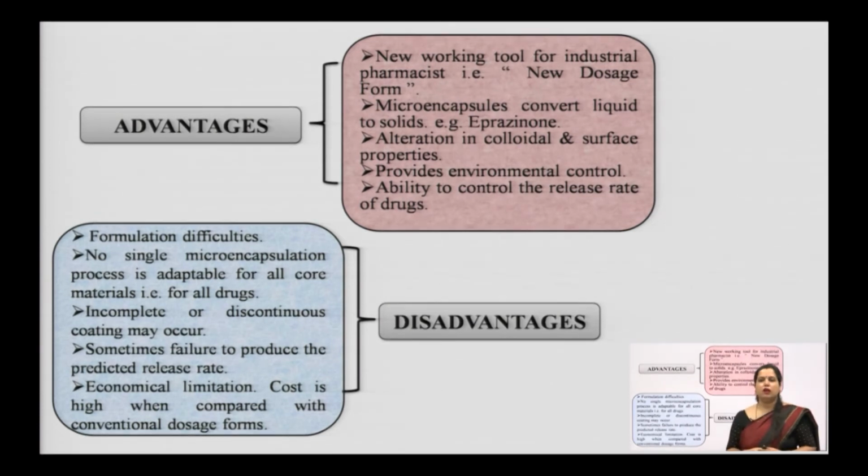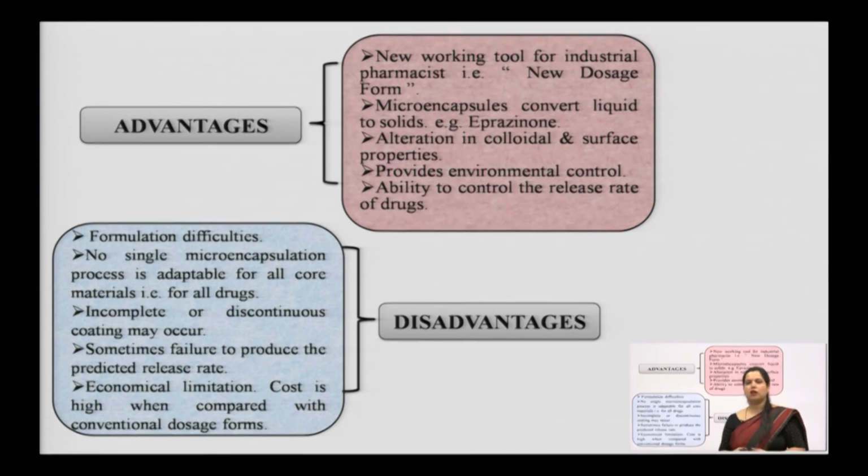Of course, these come under novel drug delivery systems, and all the research is going on to develop these dosage forms as an alternate or as a main therapy for the treatments. New dosage form, microcapsules convert liquid to solid, example eprazinone.